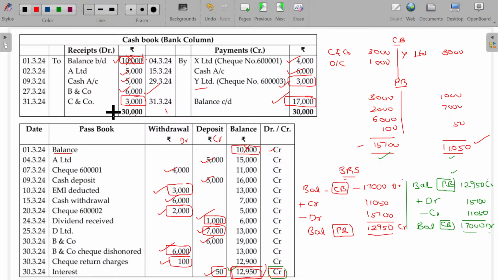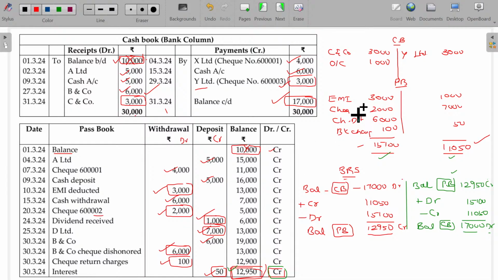Debit side total is totaled higher by 1,000. That's called overcasting. And this 3,000 is nothing but EMI deducted. And this 2,000 is check related. And 6,000 is check dishonored. Okay, the 100 relates to bank charges, check return charges.